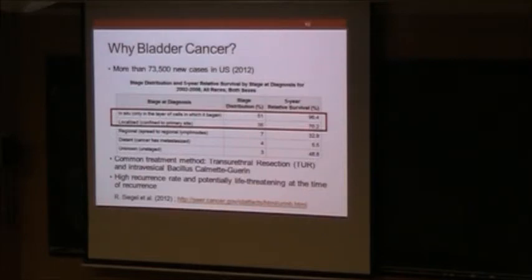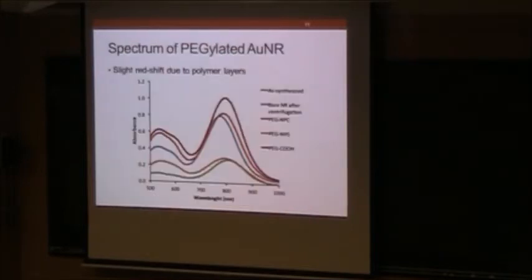But the problem with this is that if you have a recurrence, then there's a really high chance that it's life-threatening. And so if we can catch this, then I think our technology has great potential.